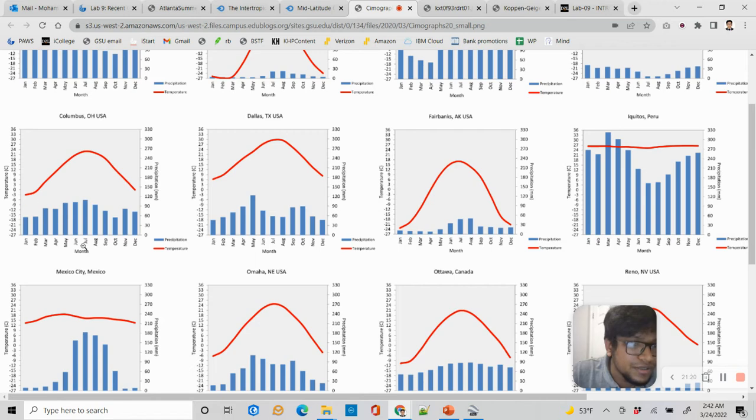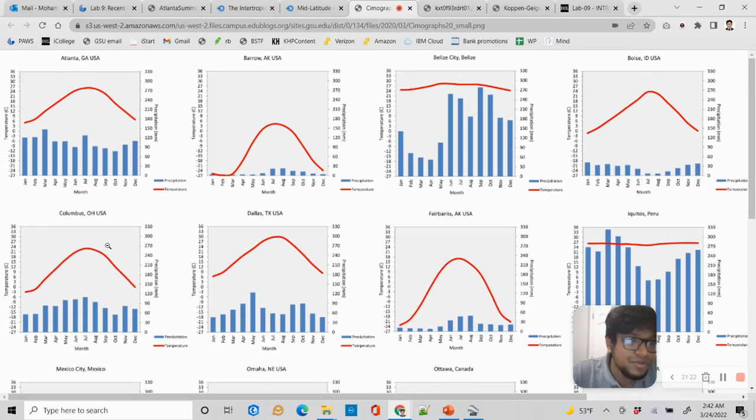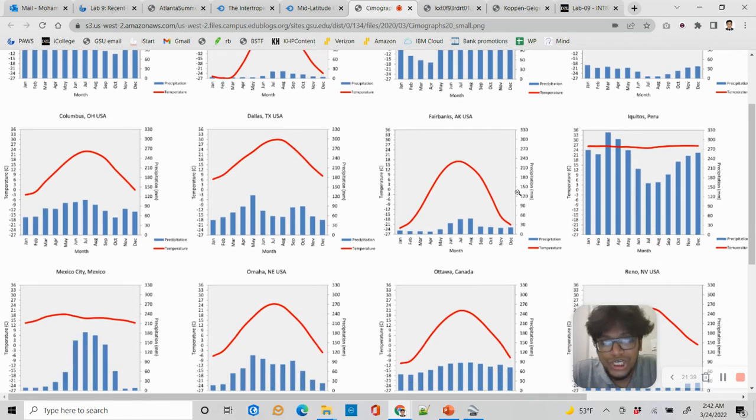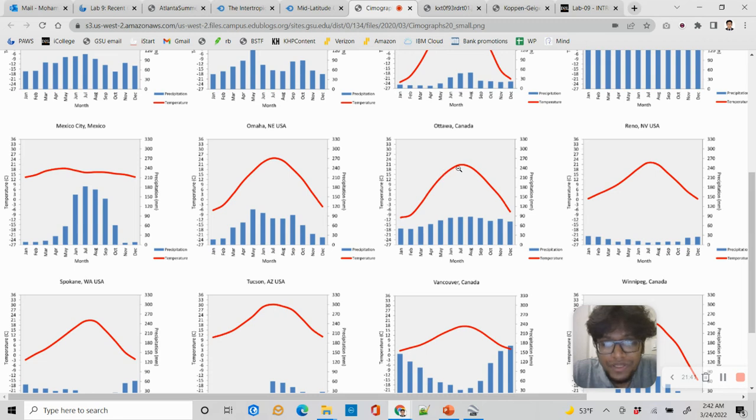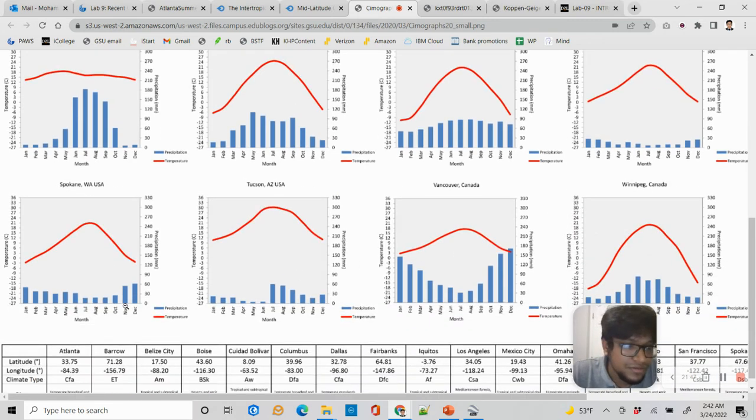Yeah, you can see this is Columbus, Ohio, USA. So the temperature 21,000 years ago in Atlanta was close to Columbus, or almost Boise, or probably Ottawa, or Omaha, or not this one, -3.